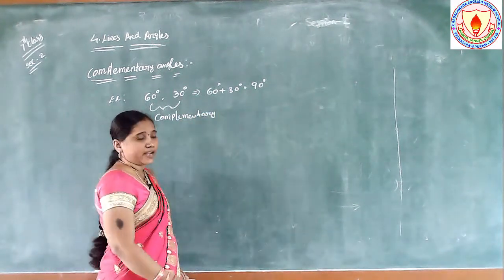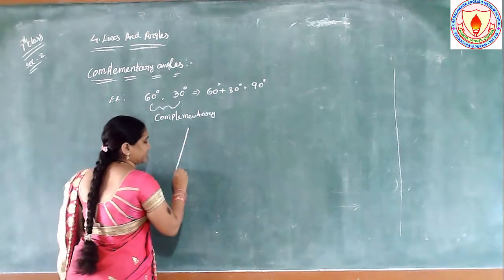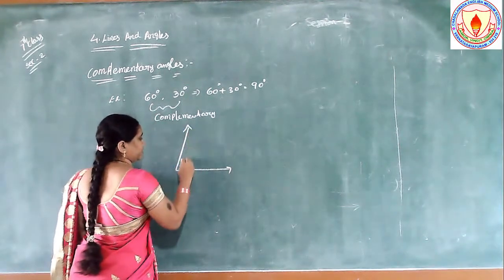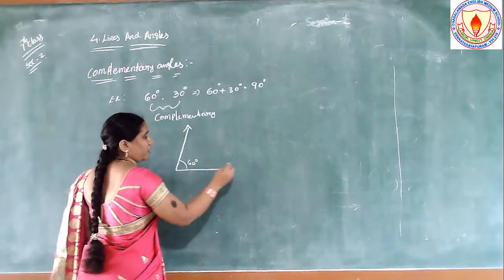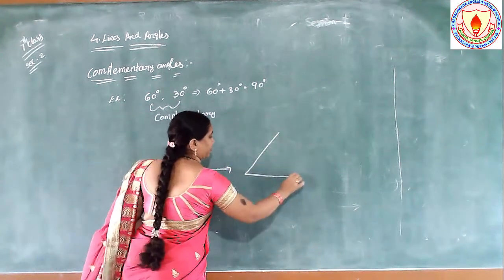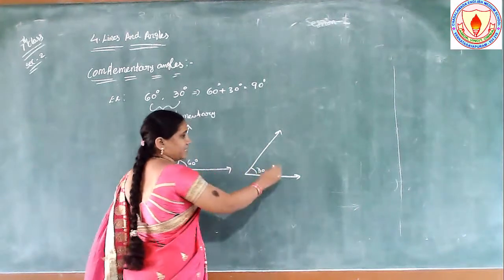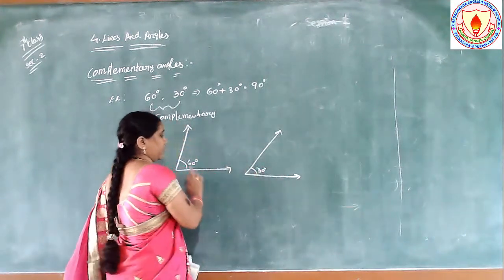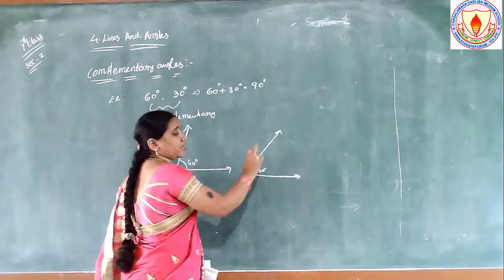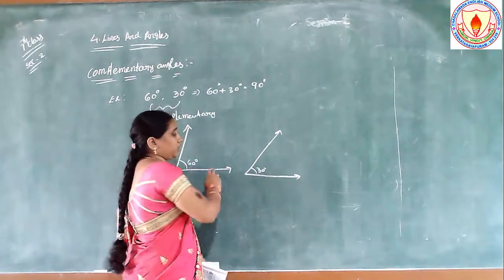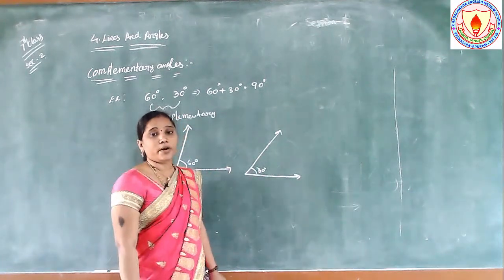How to draw the angles: suppose 60 degrees is this one, and this is 30 degrees. It is only an estimate, not an exact measurement. This is 60 degrees and this is 30 degrees. The two angles are called complementary angles.